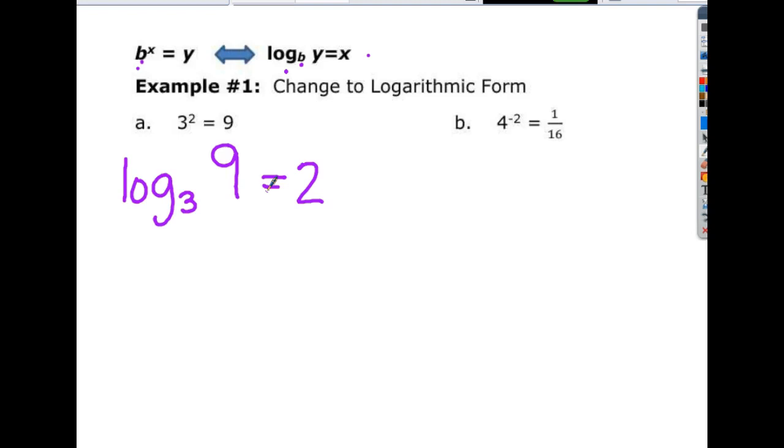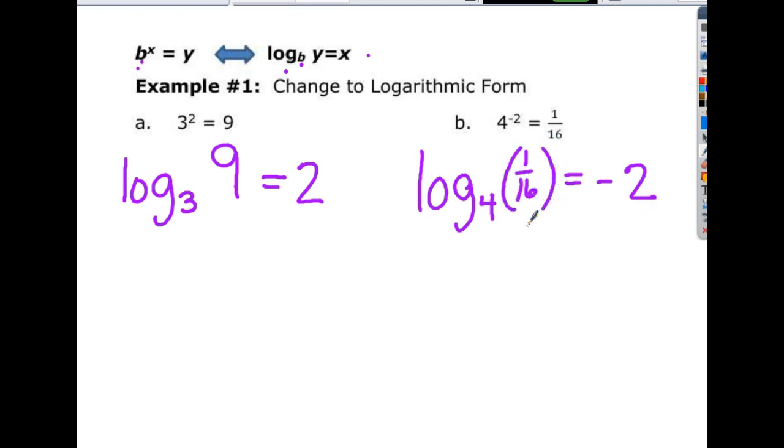So all I'm doing is changing from one form to the other. So to change it to log, I start with the word log, and then next comes the base. What's the base? The base of the exponent. Equal to the exponent, and the 1 over 16 goes there. So if it's a fraction, we usually put a parenthesis around it.